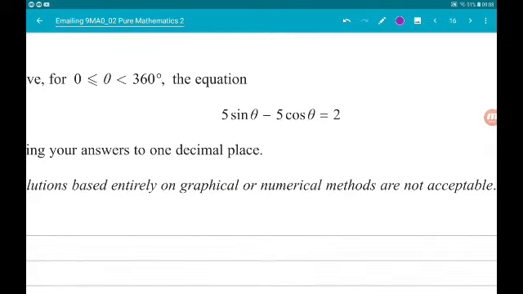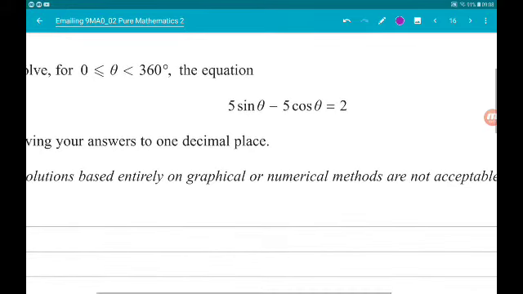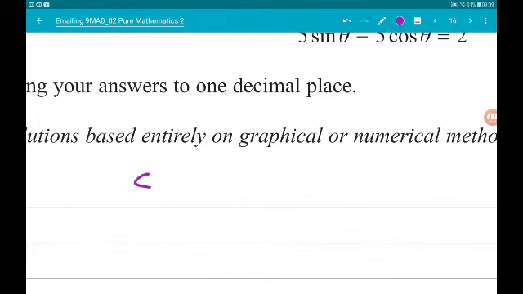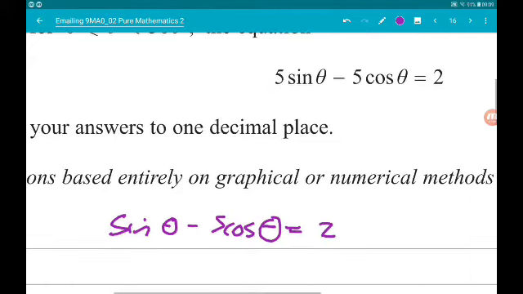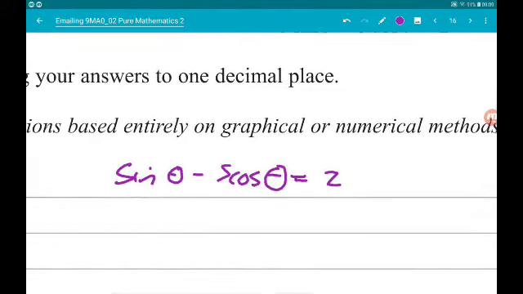Okay, so given that we have a sine and a cos term on the left, we're probably going to need to use our compound angle formulas. So we could say that 5 sine of theta minus 5 cos of theta is equal to 2.